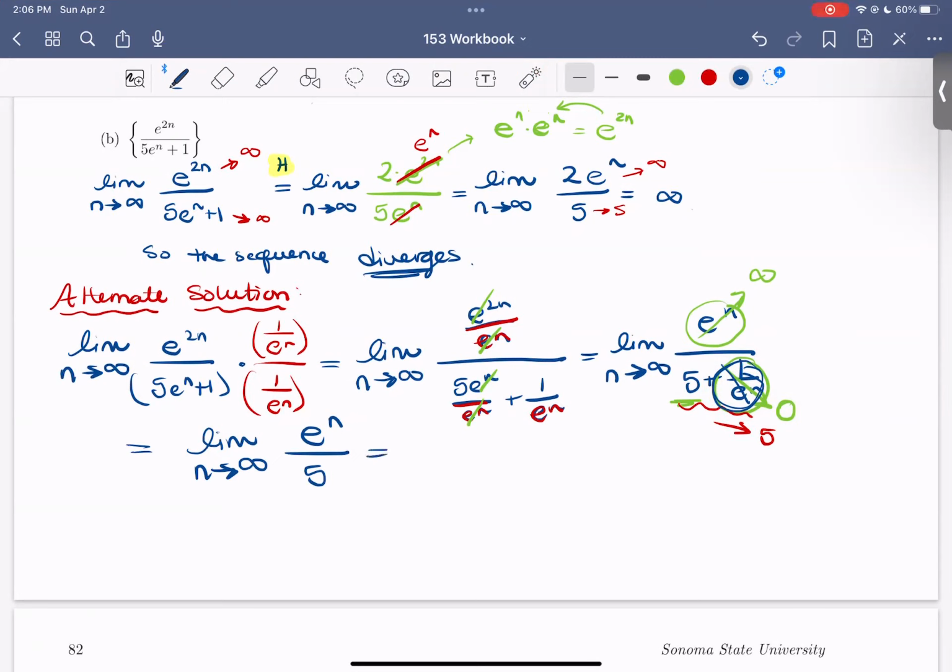Again, the numerator blows up and the denominator goes to 5, a fixed constant that's not 0, because if it does go to 0, some weird things could happen. But here, pretty simple: the numerator goes to infinity, the denominator goes to 5, so we blow up and go to infinity. You might think this second solution was so much more complicated. But in some situations, this type of algebraic manipulation is actually going to really simplify our sequence and our limit.